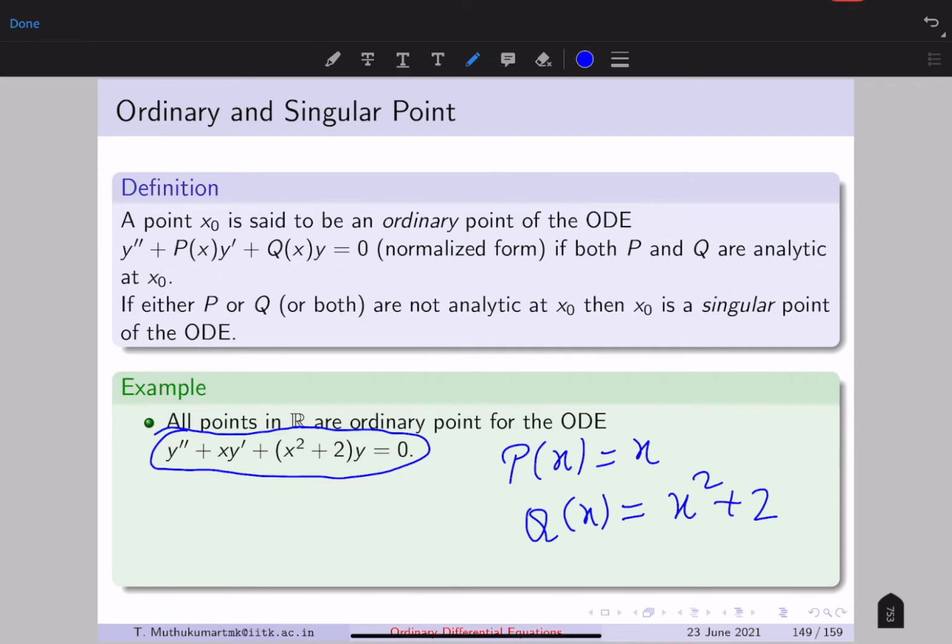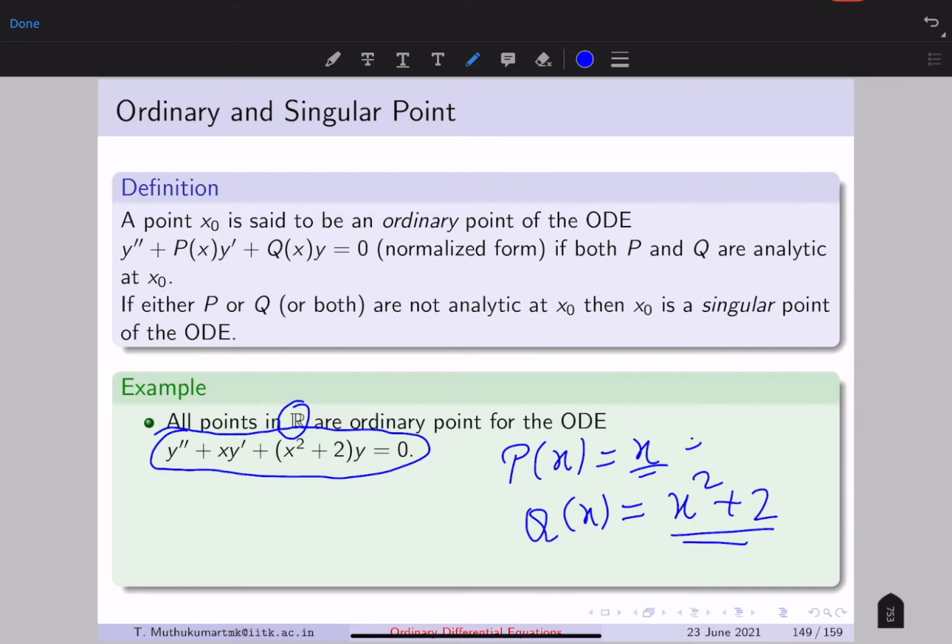They are analytic, they're already in analytic form. They are analytic at all the points in the domain R. For every point in R, p and q are both analytic, which means all the points are ordinary points of this differential equation.